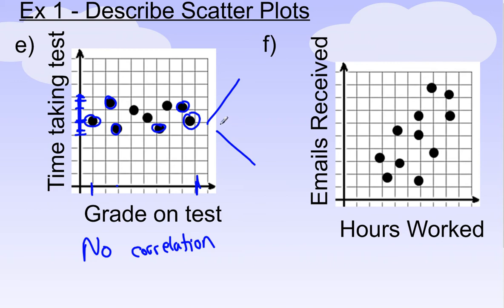So a zero correlation, which is what this line has, a slope of 0, zero correlation is no correlation. There is no connection between these variables. So according to this data, there's no relation between your grade on the test and how long it takes you to take the test.